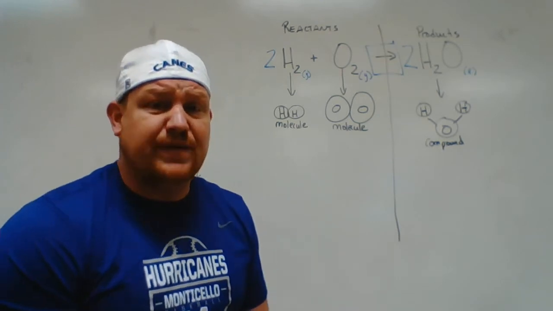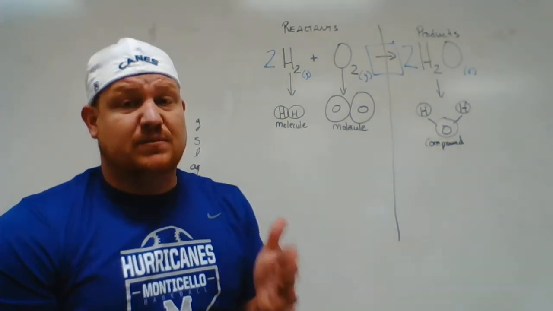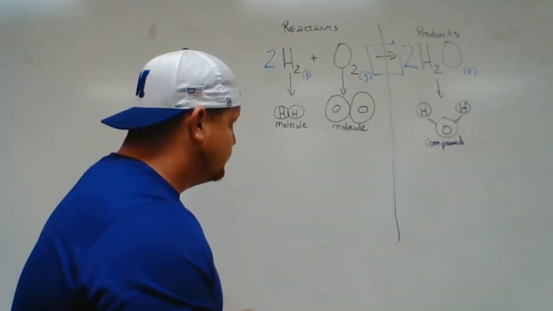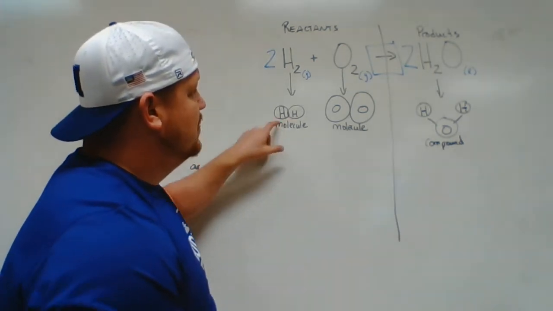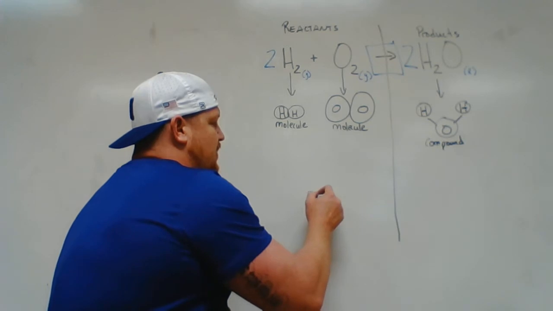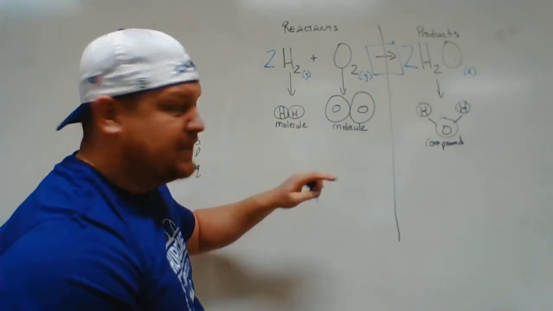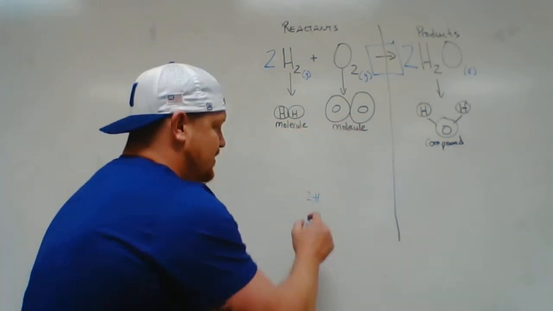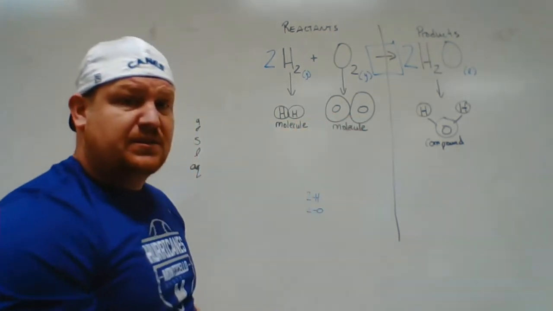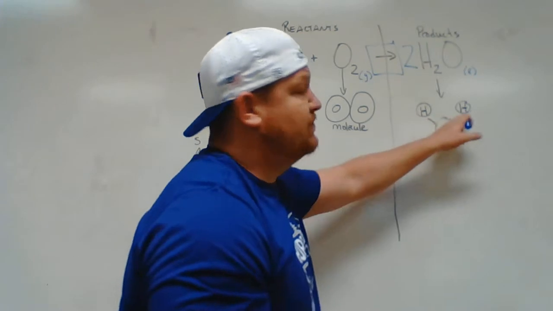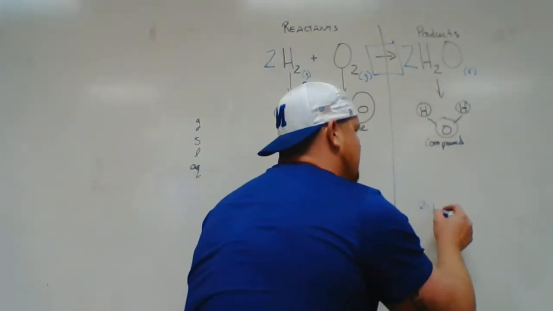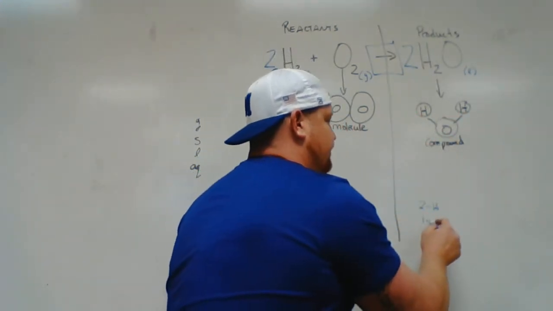All right, so now law of conservation of mass says there must be equal amounts before as there are after. All right, so over here, right, I have two hydrogens. This is just making a little list to kind of keep up with it so I don't forget what I'm talking about. This is two oxygens. Now over here, I have two hydrogens, but I have one oxygen.